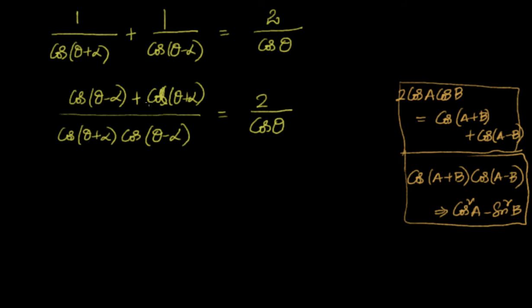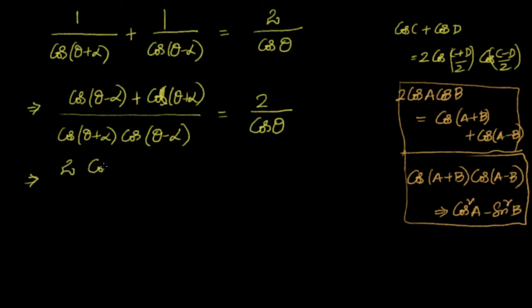Cos of theta minus alpha plus cos of theta plus alpha, that is nothing but cos C plus cos D. Cos C plus cos D is equal to 2 cos C plus D by 2 cos C minus D by 2. This is what we know. So this is nothing but equal to 2 cos, what is C plus D by 2?